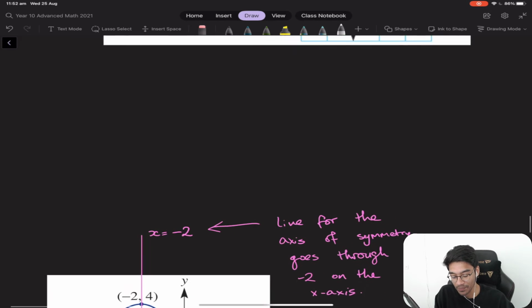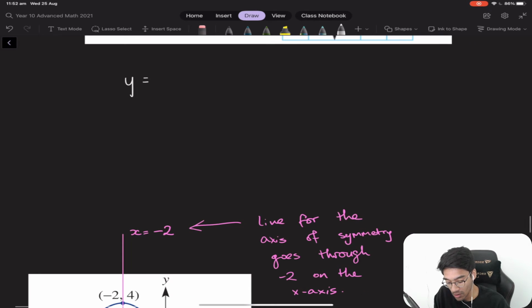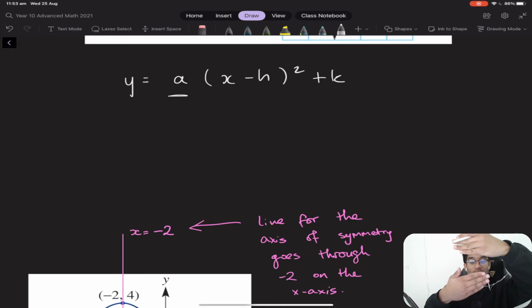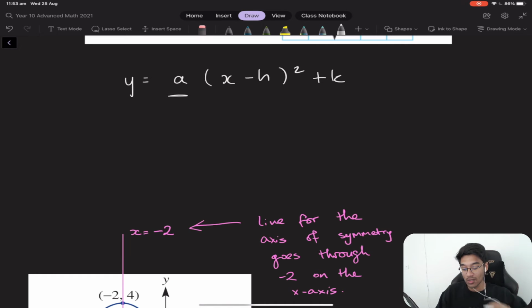A quick summary. This formula is something really good to memorize. It'll help you understand parabolas a lot more if you can memorize it. A represents our dilations. If we have a negative x, that means it's a reflection on the x-axis, which means you're basically folding the piece of paper downwards.